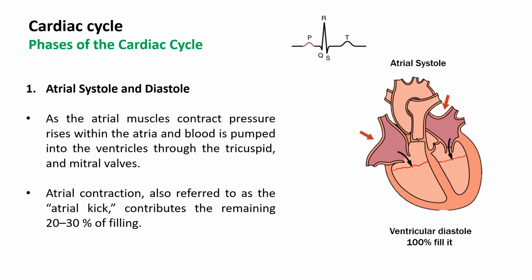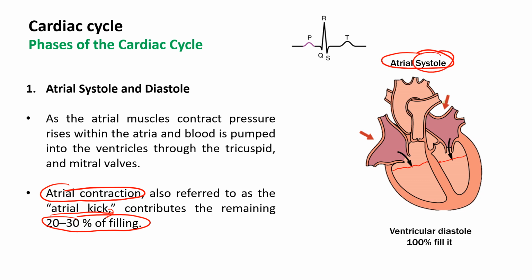Then is when we have the atrial contraction, or sometimes it's referred to as the atrial kick. This is important because it contributes to the remaining 20 to 30% of the filling of the heart, as I mentioned before. In that specific moment, we have an atrial systole contraction, right?